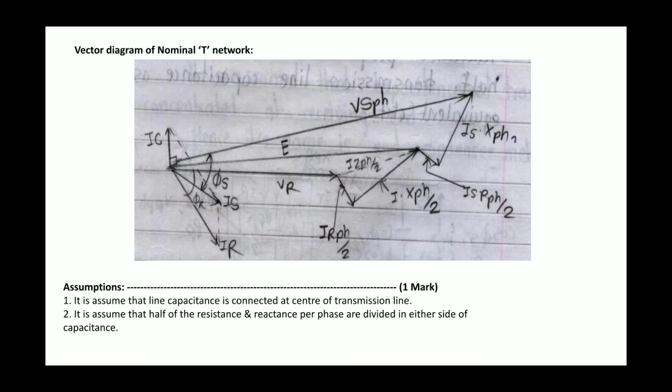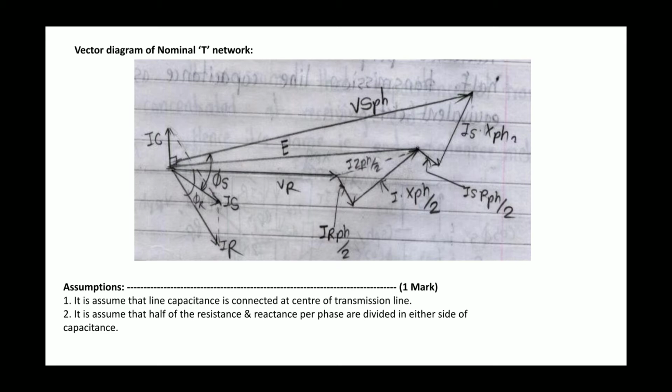You already learned that in a series RL circuit, when the voltage is the reference, the current is in lagging condition, a 90-degree lagging.